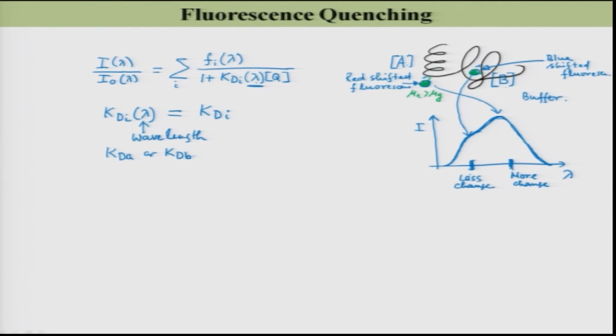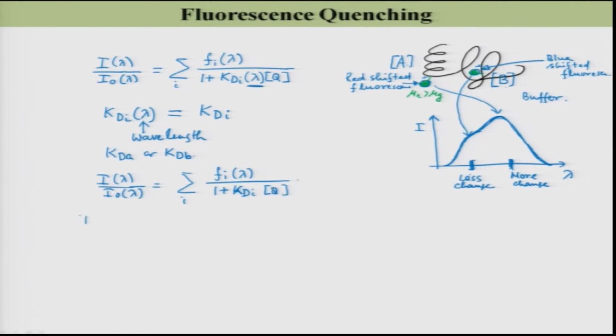Okay. So, ultimately what we are going to have is I lambda by I0 lambda equal to the sum over i of f i lambda divided by 1 plus k d i into q.